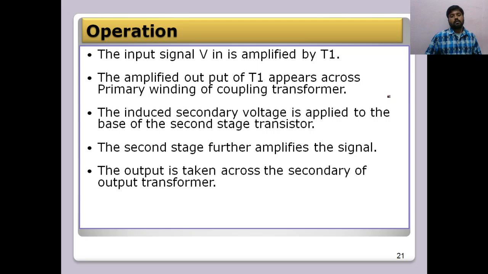This voltage induces the EMF in the secondary of the transformer, because the primary is connected to the collector of transistor 2. The overall gain is increased because the input signal is amplified twice, by transistor 1 and transistor 2.